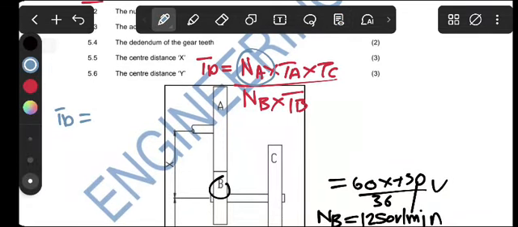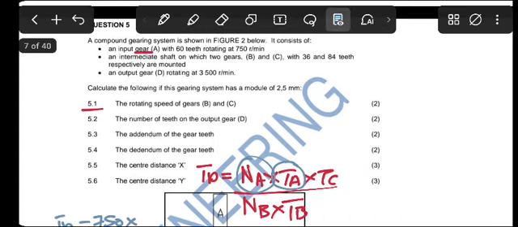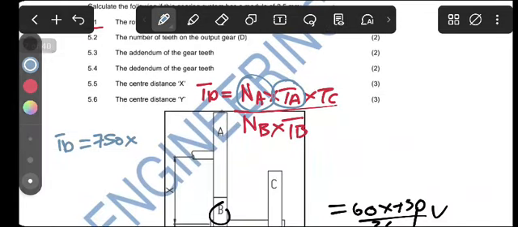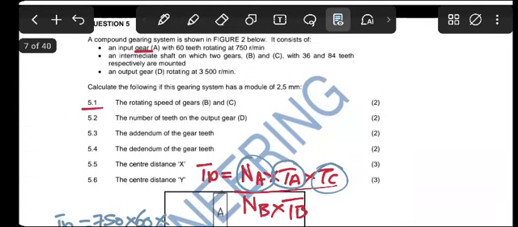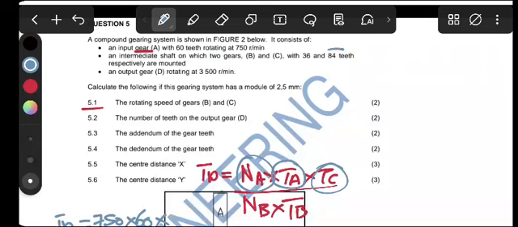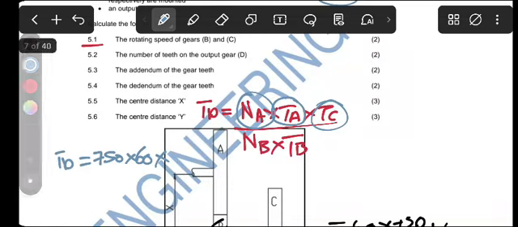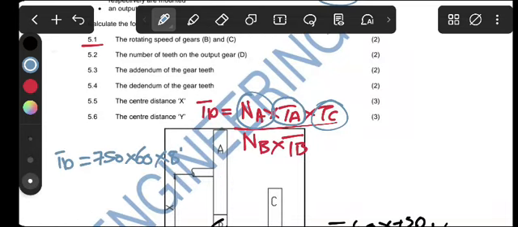So 750 multiplied by the teeth of gear A, which we were given as 60. Multiply this by 60, multiply by the teeth of gear C. The teeth of gear C here, I think it's 84. Then multiply by 84.